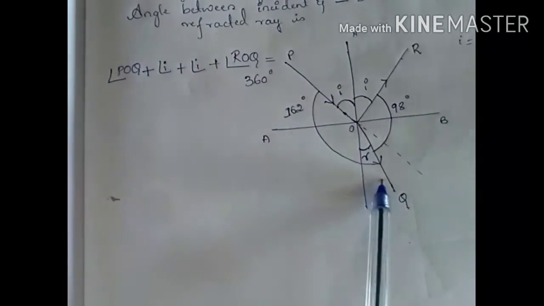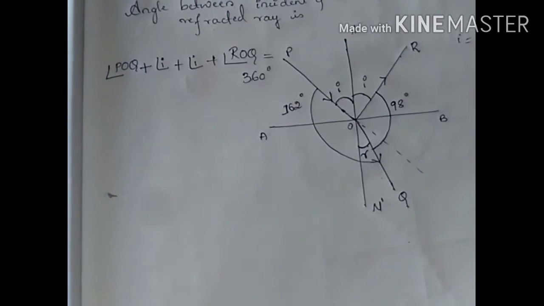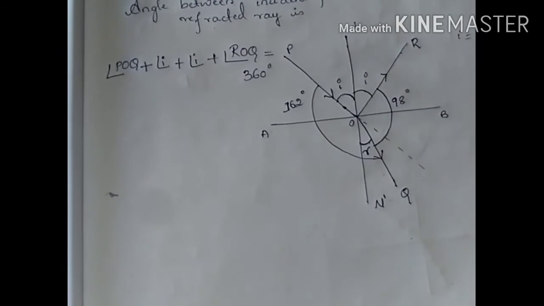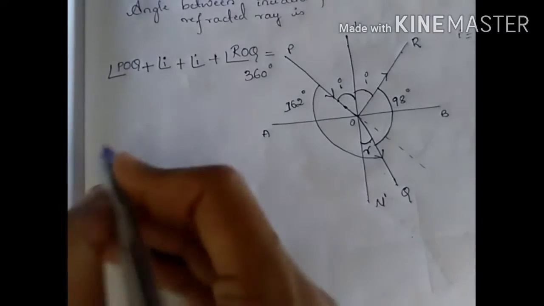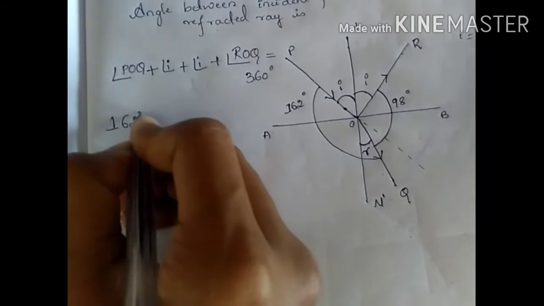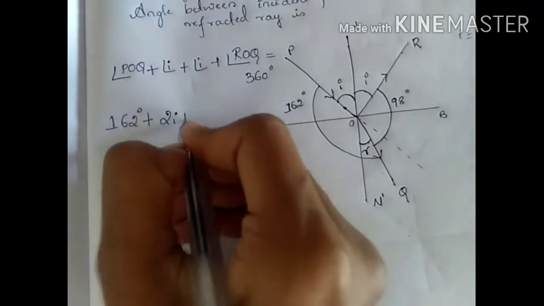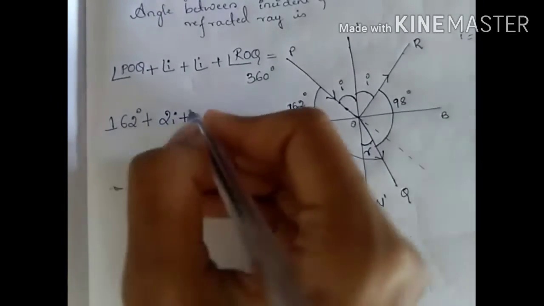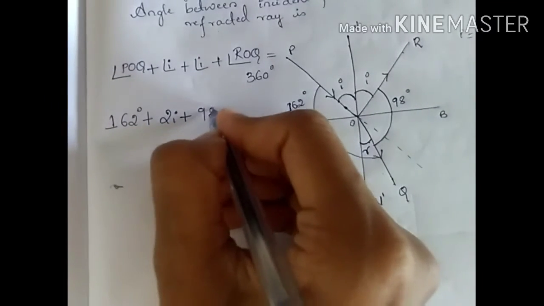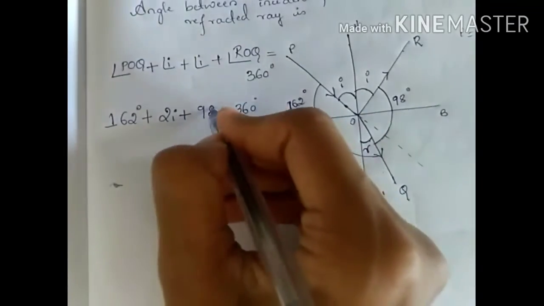So POQ, this angle plus this angle plus this angle will give you 360 degrees. Angle POQ is known to us: 162 degrees, plus 2I, plus ROQ, which is 98, equals 360 degrees.